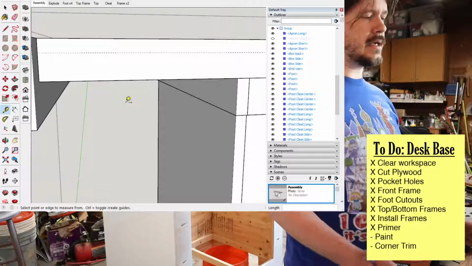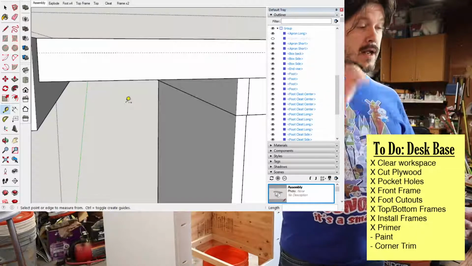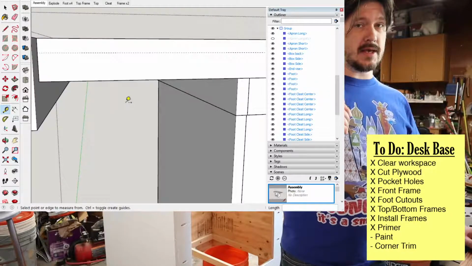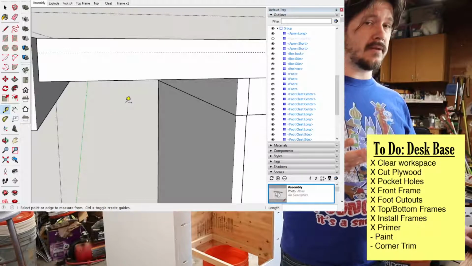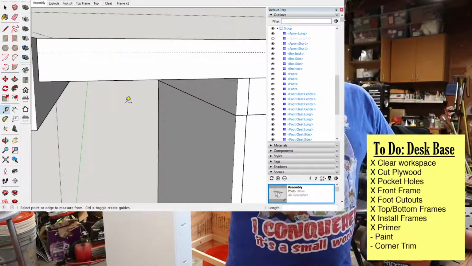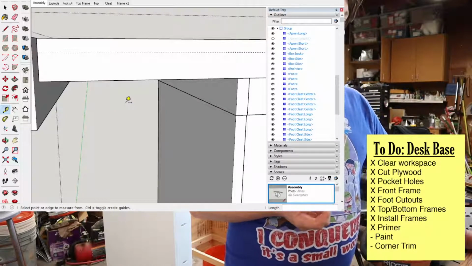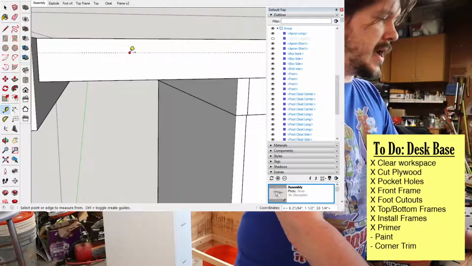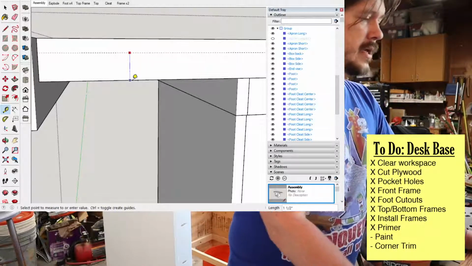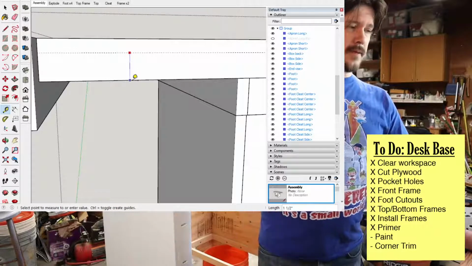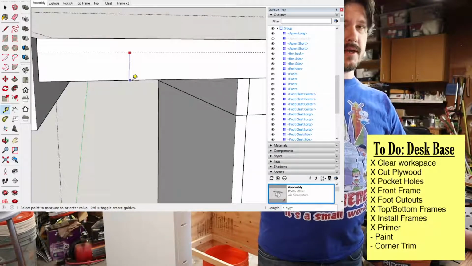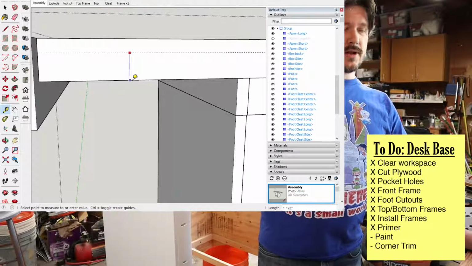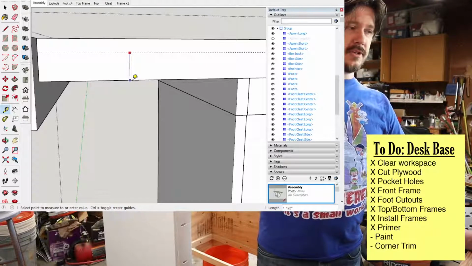So basically, for the base, I can make that out of 2x4 lumber, 1.5 inches. I probably wouldn't get a full 1.5 inches out of the thickness of a 2x4, but if I took a 2x4 and stood it up on end, that's 3.5 inches.